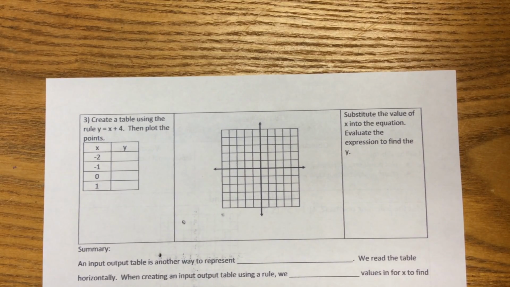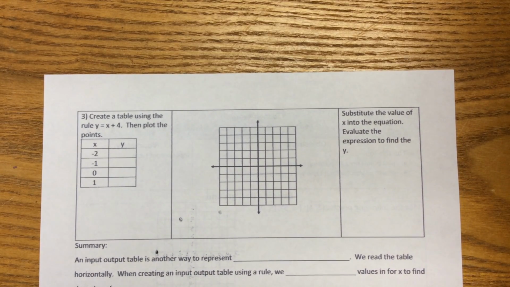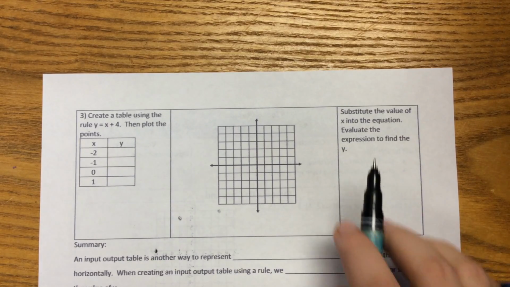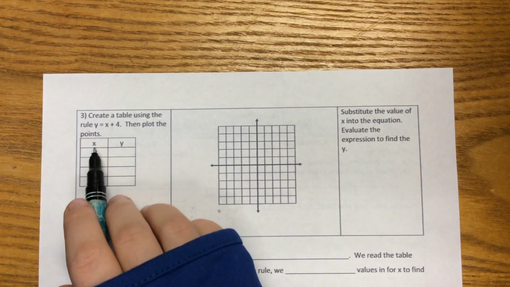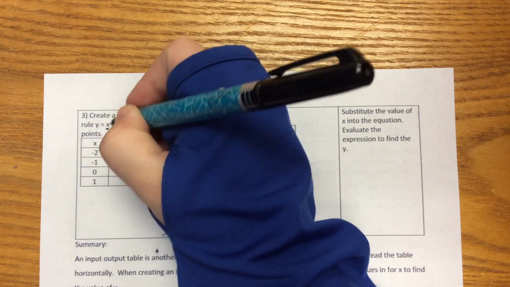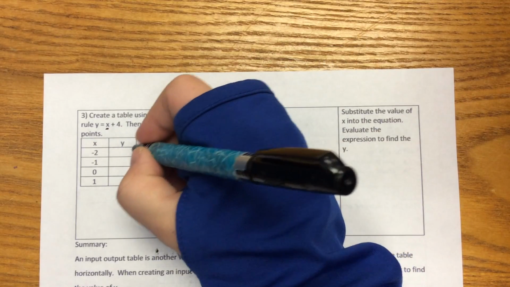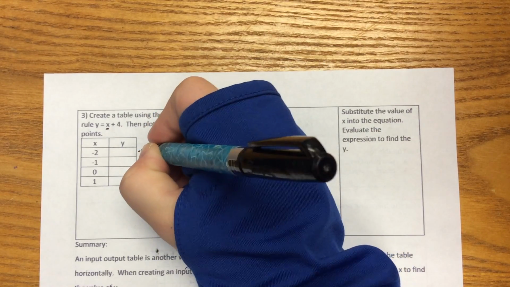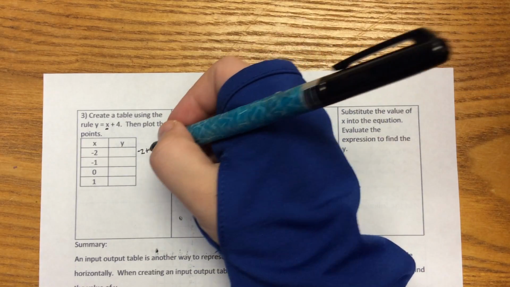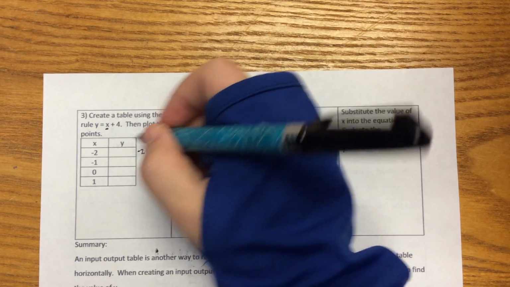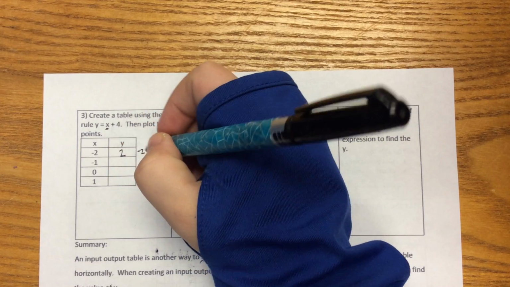Okay, number 3, last example. We create a table using the rule x plus 4, then plot the points. So we're going to substitute the values of x into the equation and evaluate the expression to find y. So these values we're going to plug in for this x here. So it's x plus 4. So I'm going to do negative 2 plus 4. So if I have a positive and a negative, I subtract. 4 minus 2 is 2, and I have more positives, so my answer is positive 2.